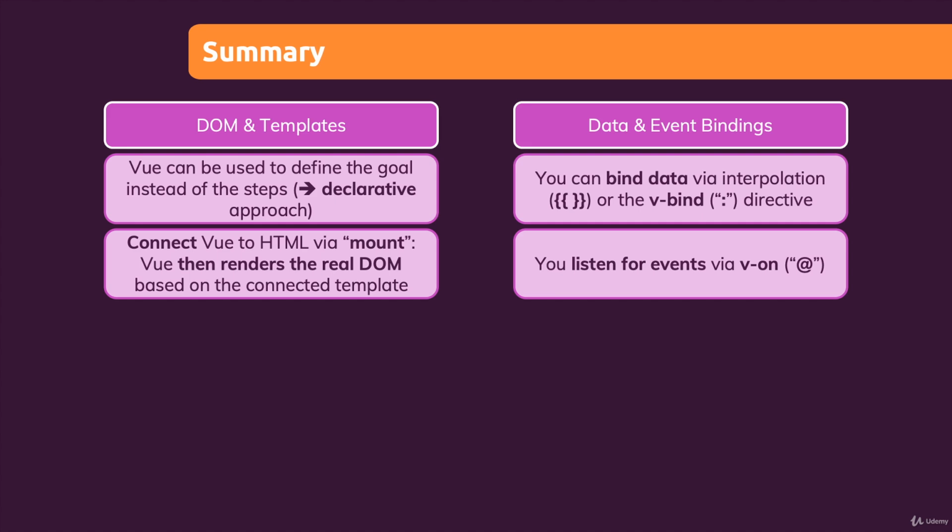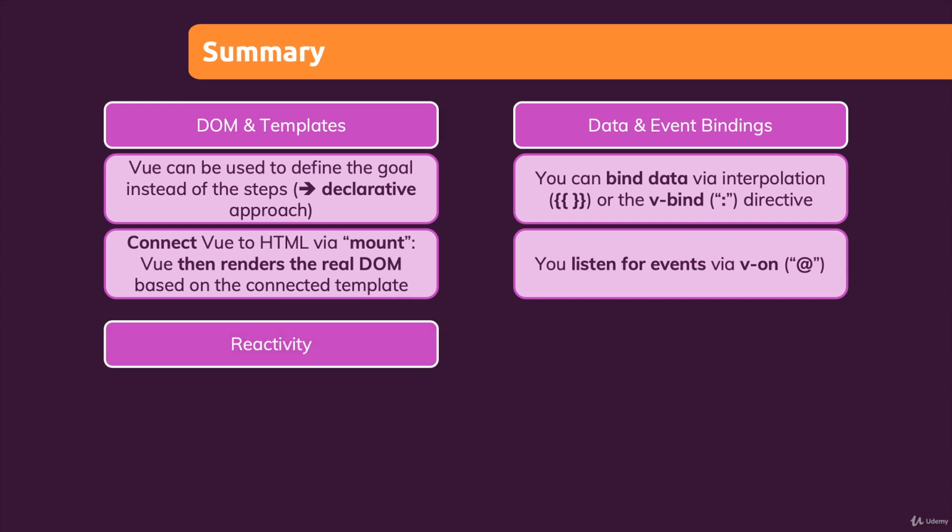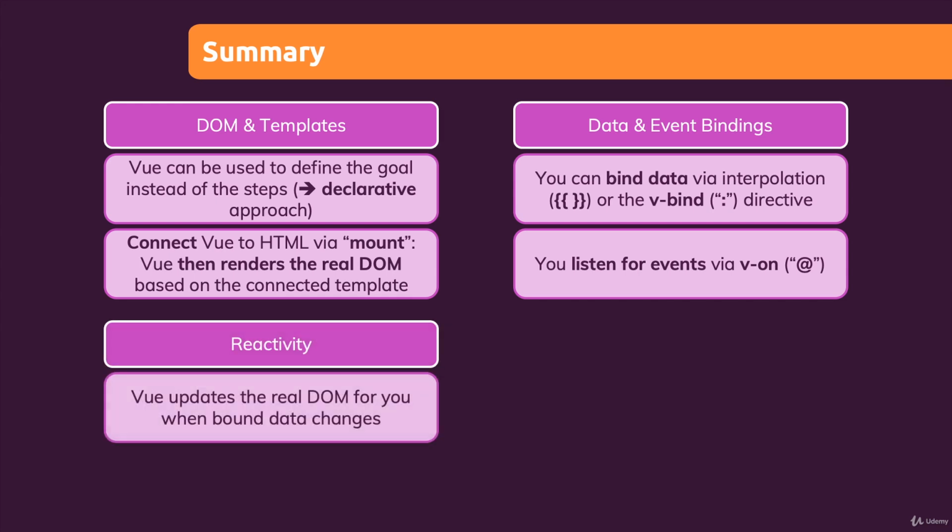features really powerful and to make them more useful, we rely on Vue's built-in reactivity system. That simply means that Vue will update the real DOM whenever some data which you're outputting with v-bind or double curly braces changes.